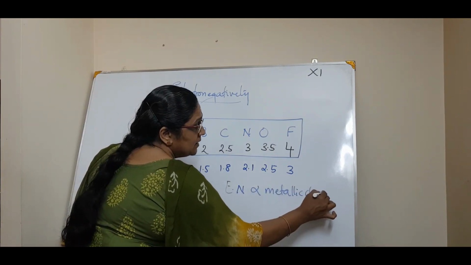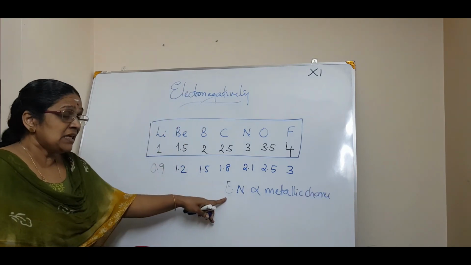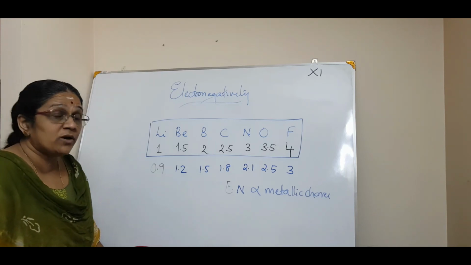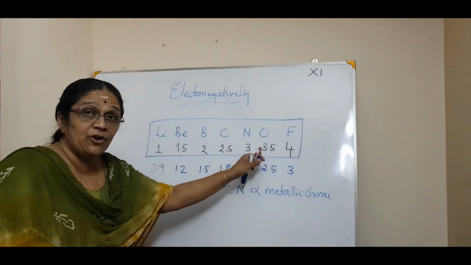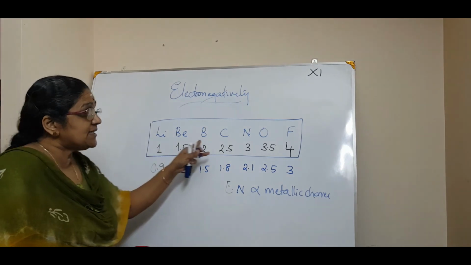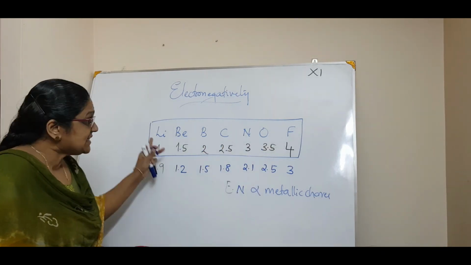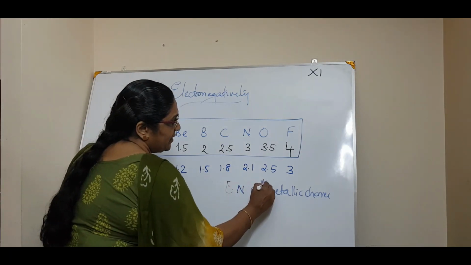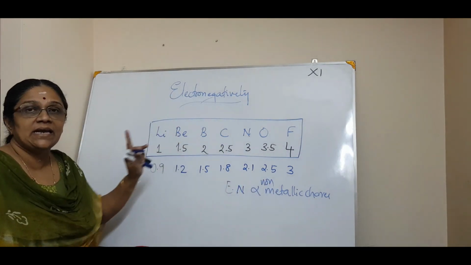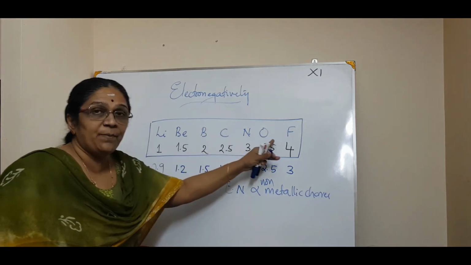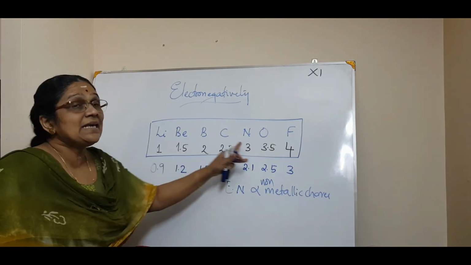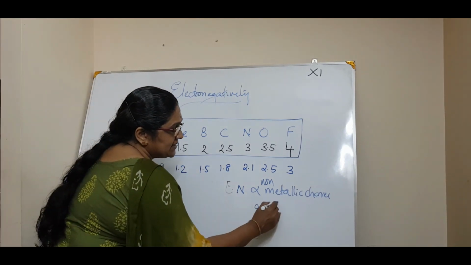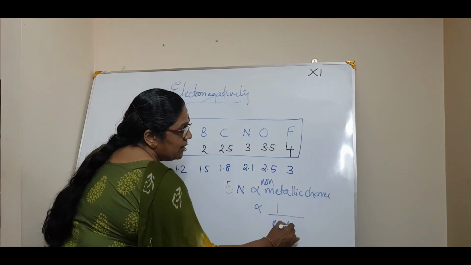Electronegativity is directly proportional to the non-metallic character, which means from left to right in a periodic table, electronegativity increases and the non-metallic character increases. Electronegativity is inversely proportional to the metallic character.